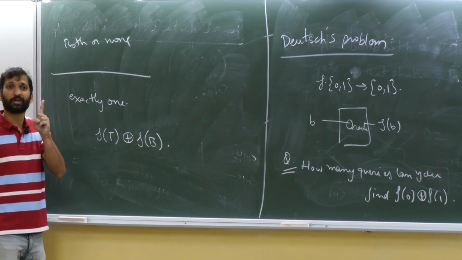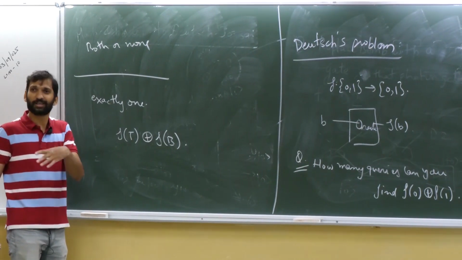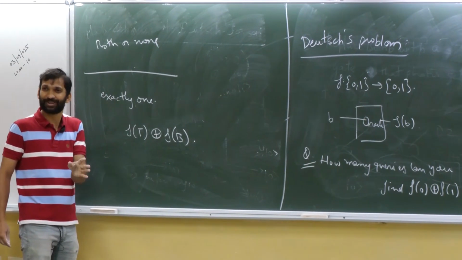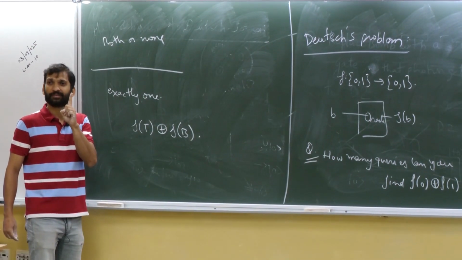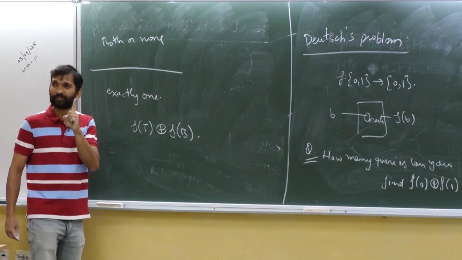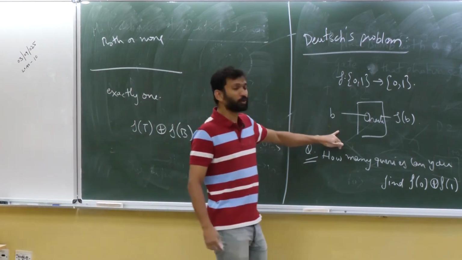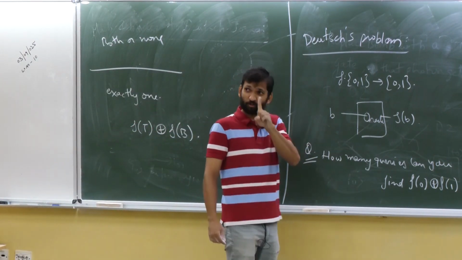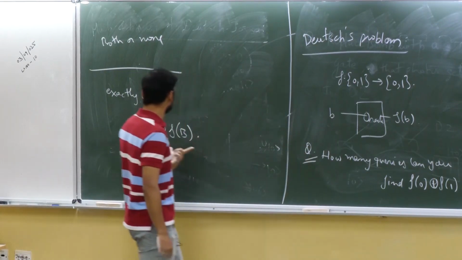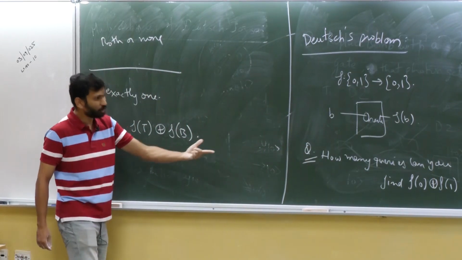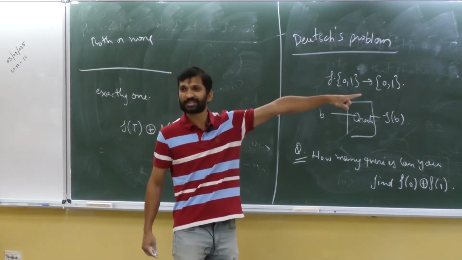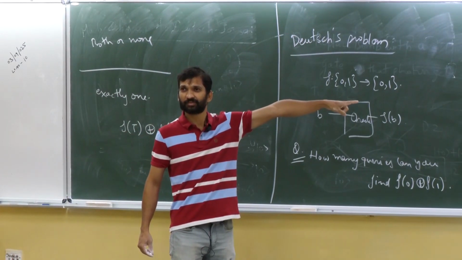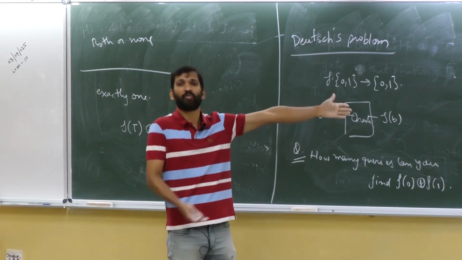In $1 million, assuming quantum oracle is at the same cost as the classical oracle, we will do it just with one query. So with one query to this oracle, one photon shooting, we will figure out f0 XOR f1. And it is going to be this circuit. Right? What is this circuit?